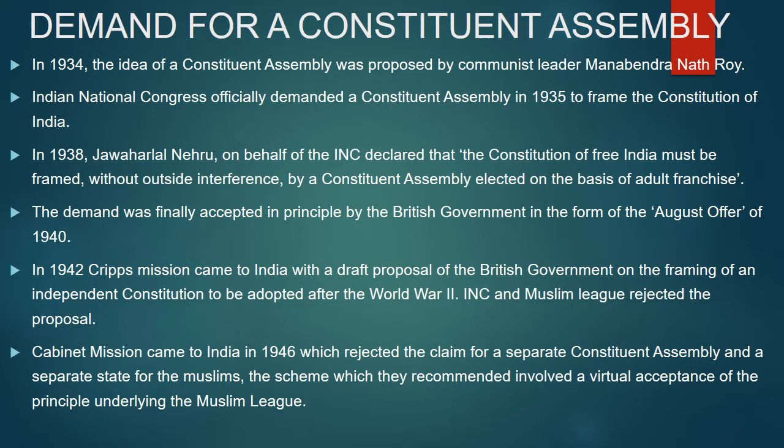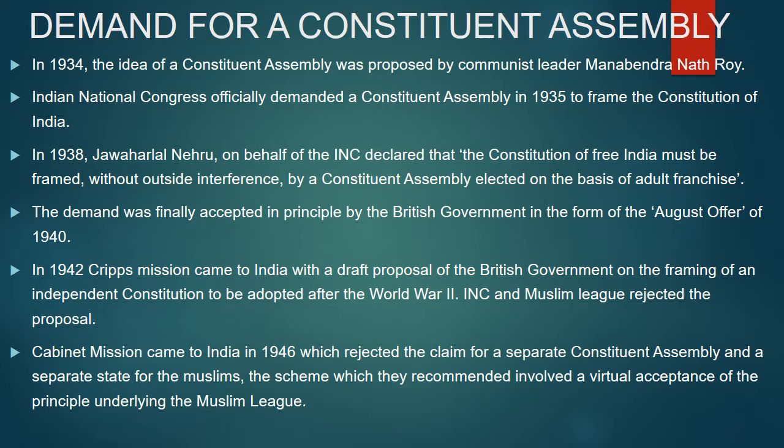Now, the British government was also under pressure because World War II was going on, and Germany was getting a better position with respect to Britain, and also there was a chance of India getting attacked by Japan.